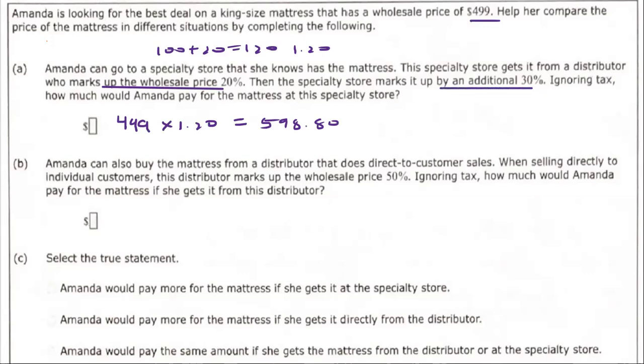So again, we have 100 plus an additional 30, so that's 130, which we can convert to 1.3. So we multiply this now by 1.3, and that gives us $778.44. So this is how much the specialty store is going to charge.